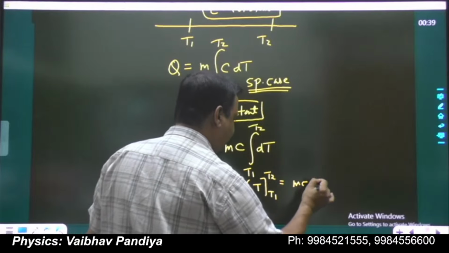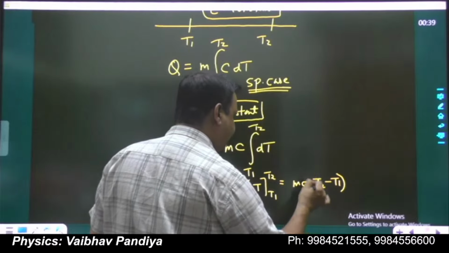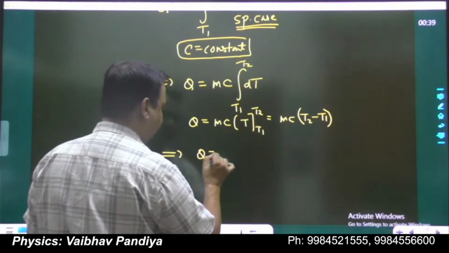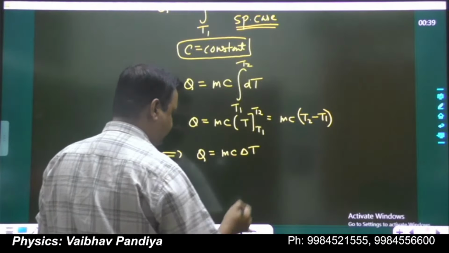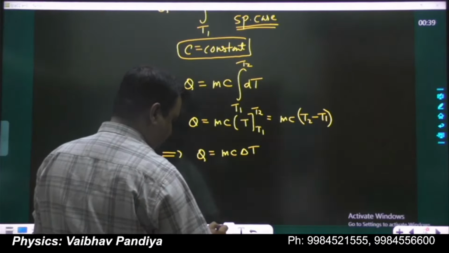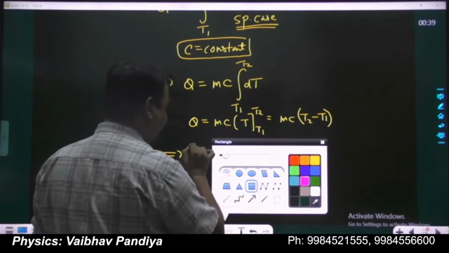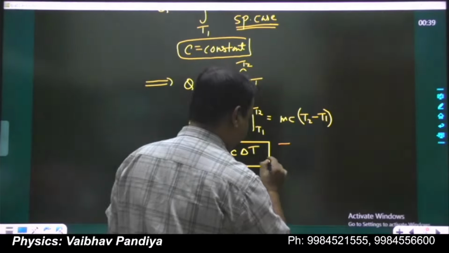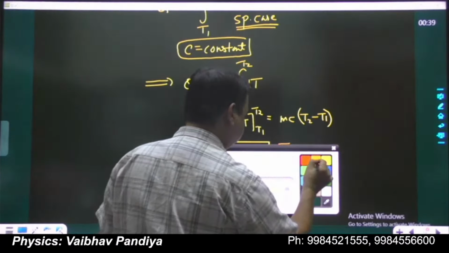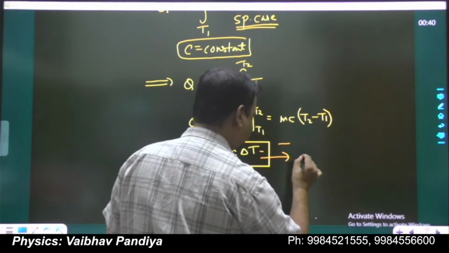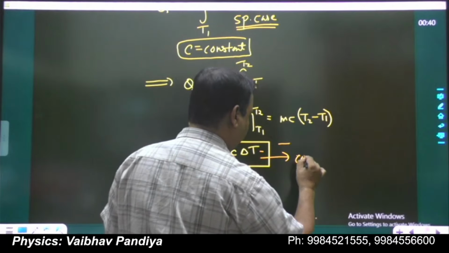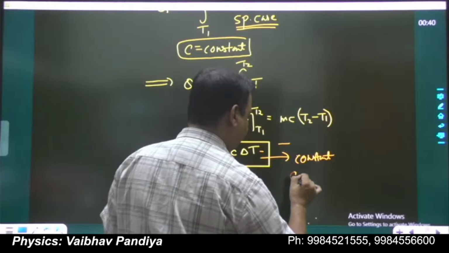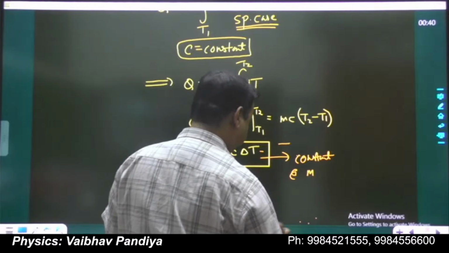So we'll get MC (T2 minus T1), and T2 minus T1 simply you can write as delta T. So you'll get MC delta T. So this is the formula for the heat absorbed for the constant C model.